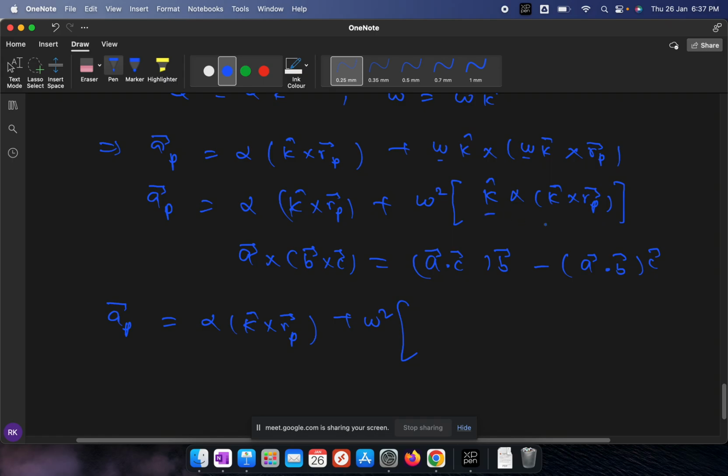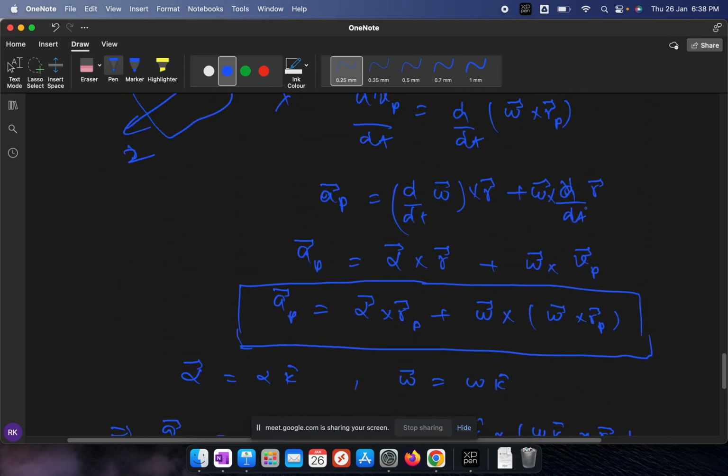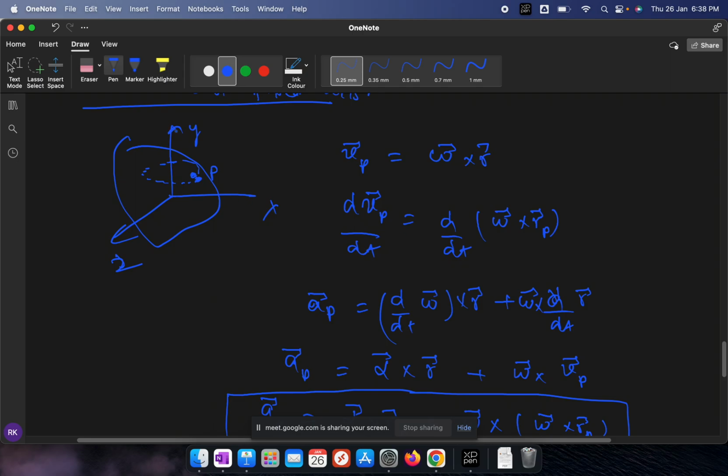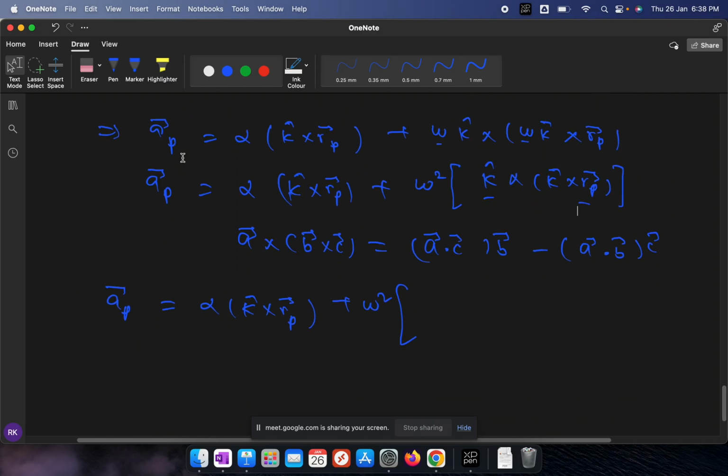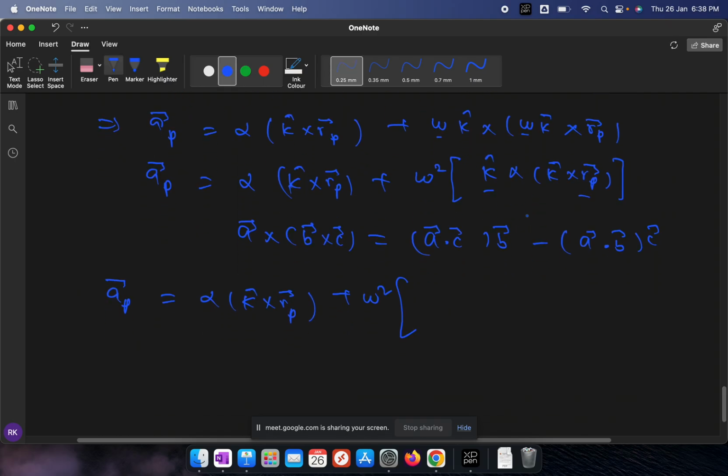The first will be dot by this, so you can see k cap and rp. K cap is this, and rp is this. What will be the dot product, k cross rp?